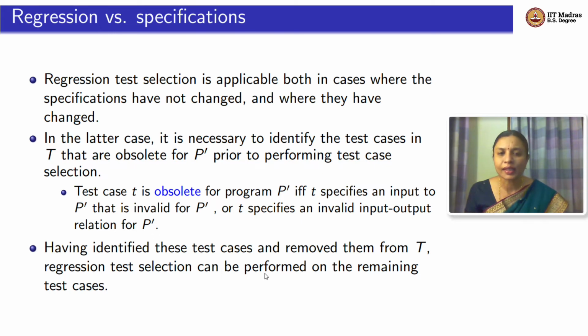We say a test case T is obsolete for P prime if T specifies an input that is invalid for P prime with reference to the changed requirements, or T specifies an invalid input-output relation for P prime. Having identified such test cases and removed them, we can perform regression test selection on the remaining set of test cases.